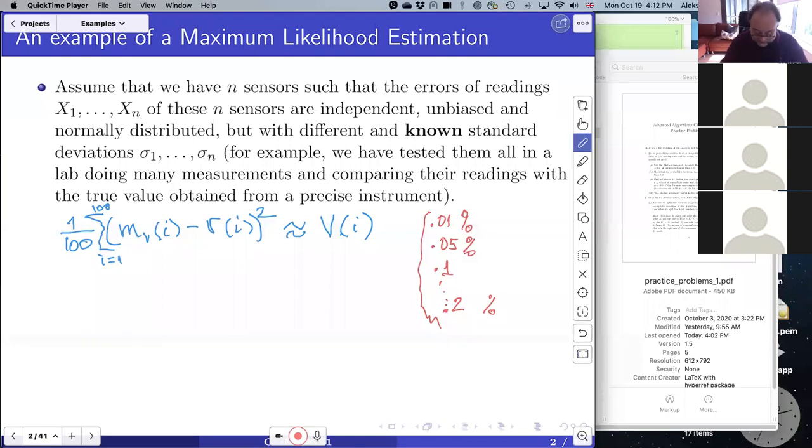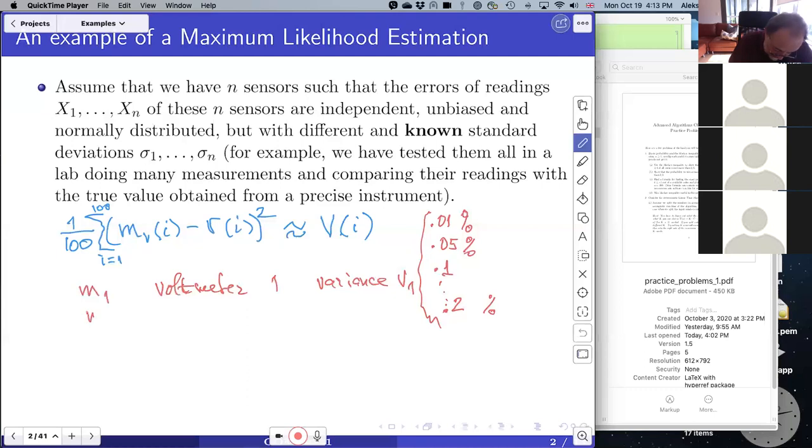What you should do is measure with all of the voltmeters. So you would have a measurement, let's call it M1, of voltmeter 1 with variance V1.